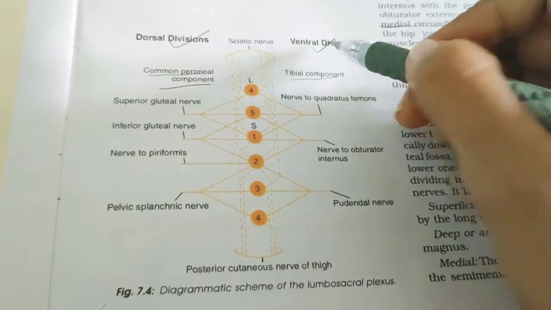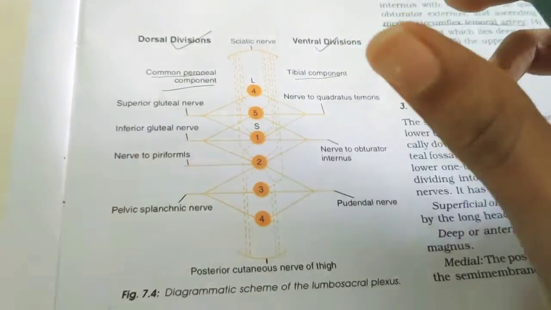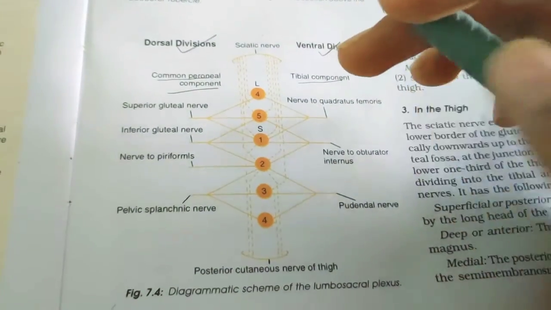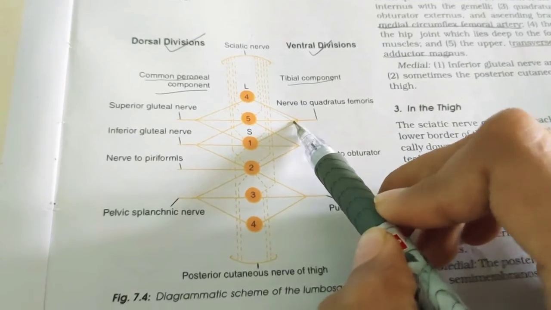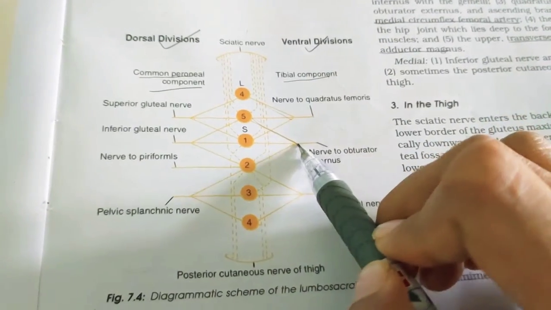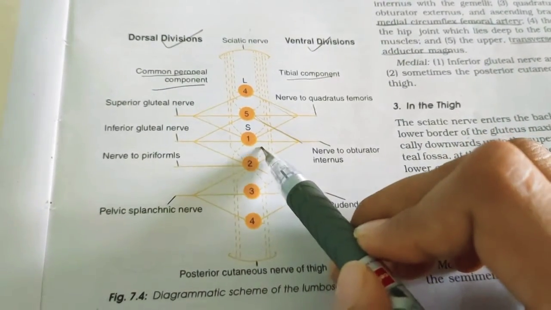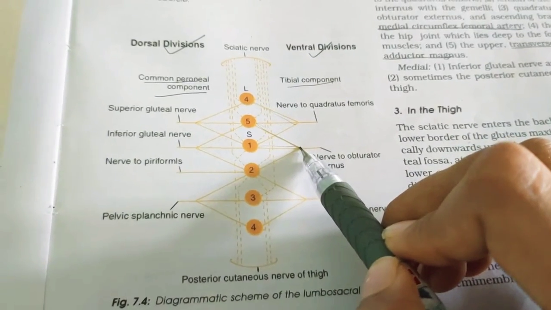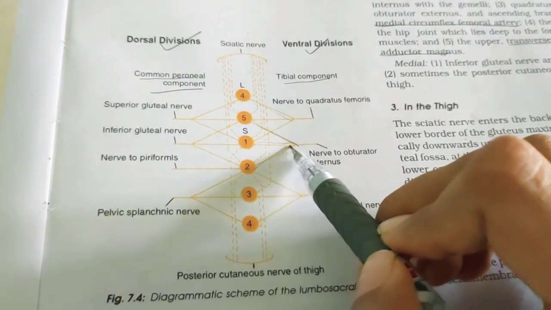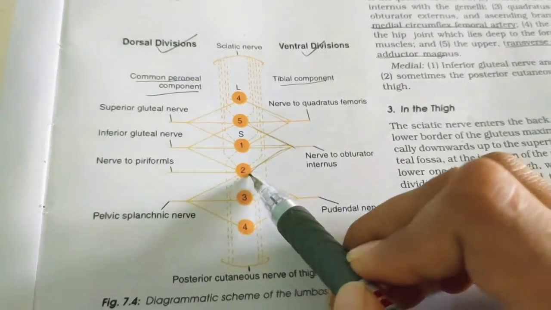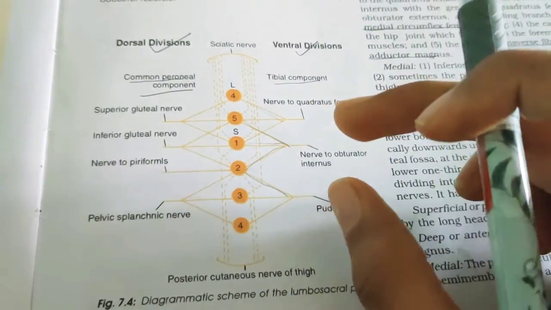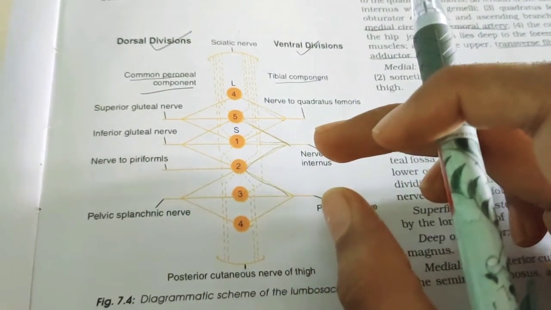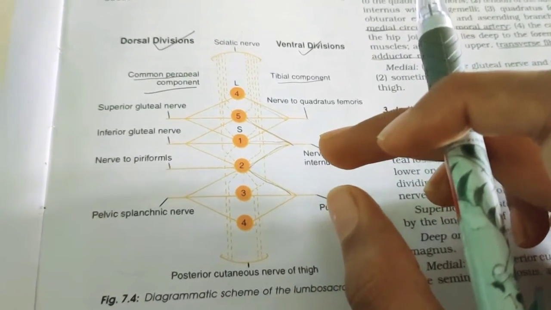ventral divisions. The tibial part is formed by ventral divisions of mainly L4, L5, S1, S2, and S3. You can see the ventral divisions together forming our sciatic nerve.